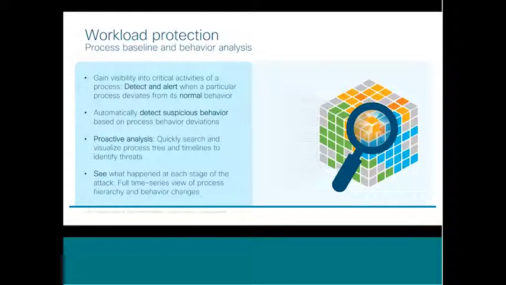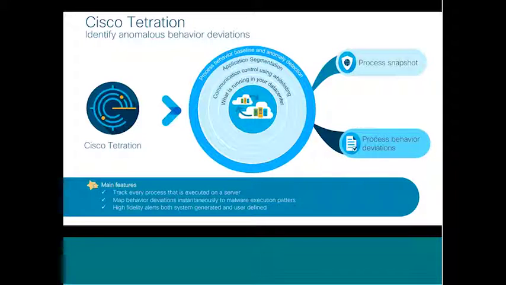Based on the process information that we collect from the servers, Tetration tries to identify those behavior deviations, and we compare them to the execution patterns of the malware itself. So what is the chain of events? For example, are we seeing a privilege escalation followed by side channel attacks or shell code execution, or specific file access patterns?